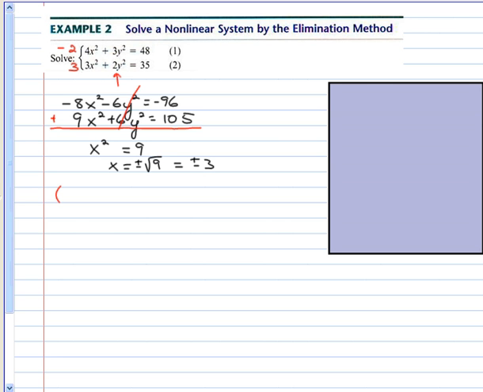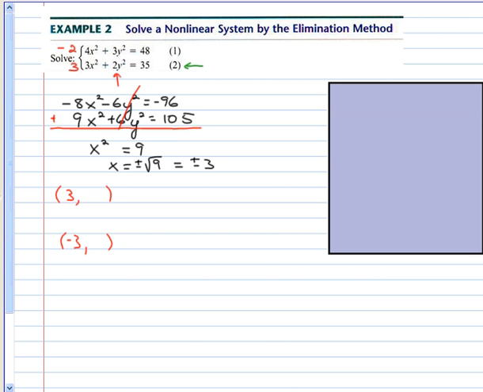So just like earlier, I have an x value that can be a +3. I have an x value that can be a -3. And we need to figure out the y's that go with it. Well, we will substitute back in, and it doesn't matter which equation we substitute back in. I'm going to pick the second equation simply because 35 is smaller than 48.